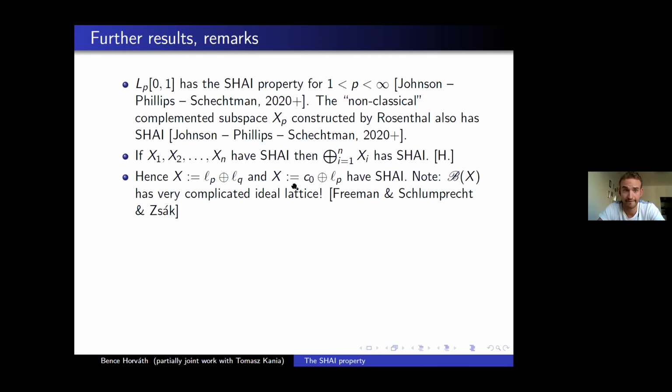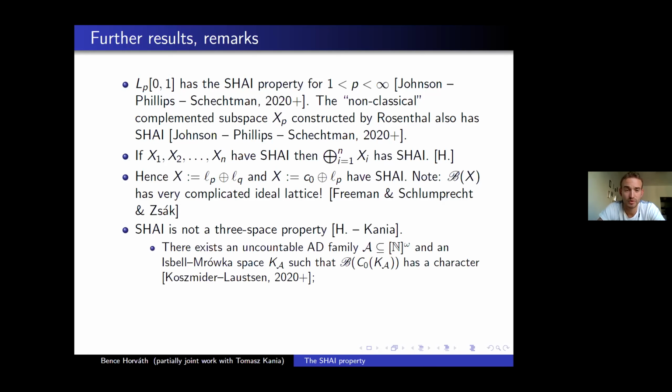But despite this nice fact, unfortunately Shy is not a three-space property. This relies very much on a recent result of Niels Laustsen and Piotr Koszmider. Niels was talking about this result at this very seminar, I believe. They showed that there exists some uncountable almost disjoint family of natural numbers, such that if you consider the corresponding Isbell-Mrówka space and the continuous functions on this locally compact space which vanish at infinity, then their bounded linear operators have a character.